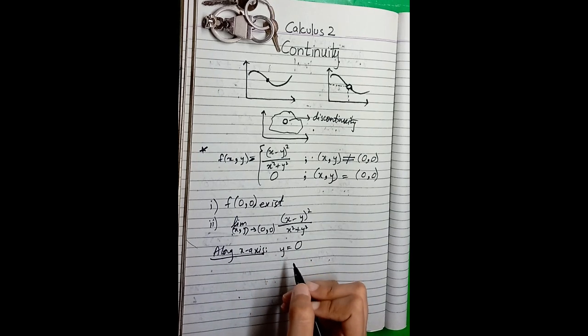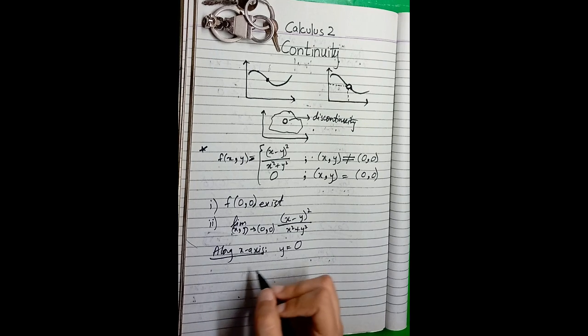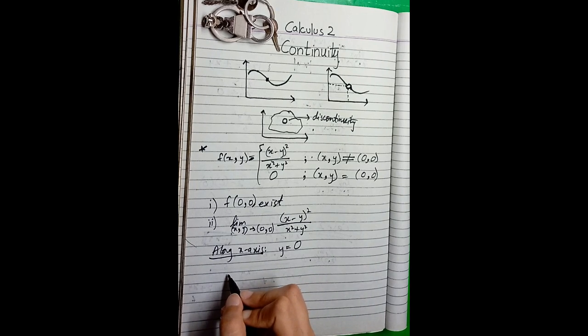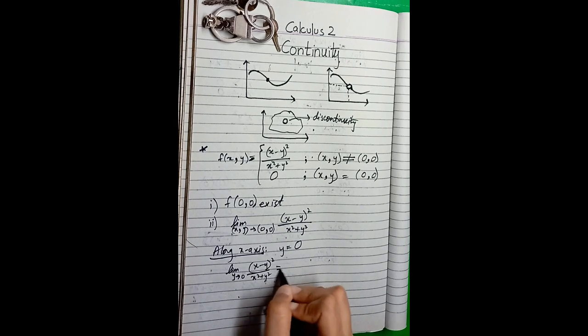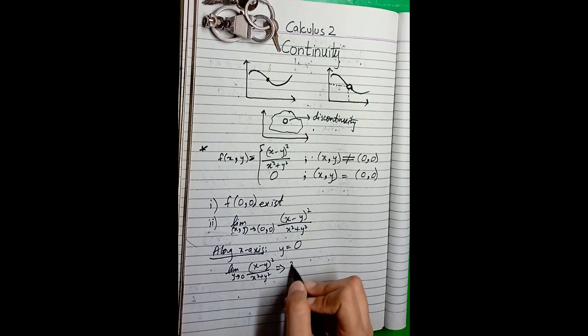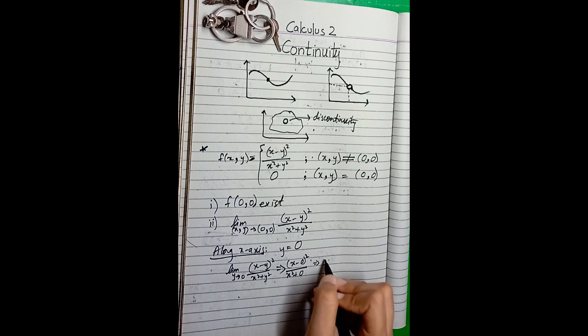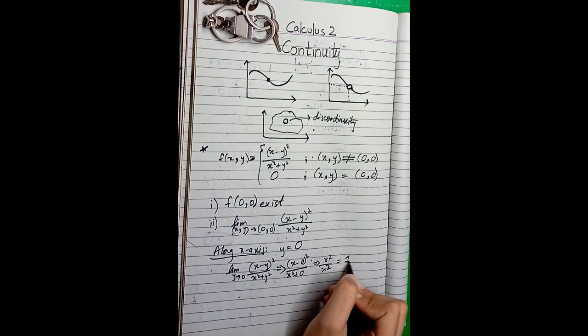We will take y equal to 0, and then the limit as x approaches 0 of (x minus y) whole square divided by x square plus y square. We will put 0 in place of y. So (x minus 0) whole square divided by x square plus 0, which is x square divided by x square, equal to 1.